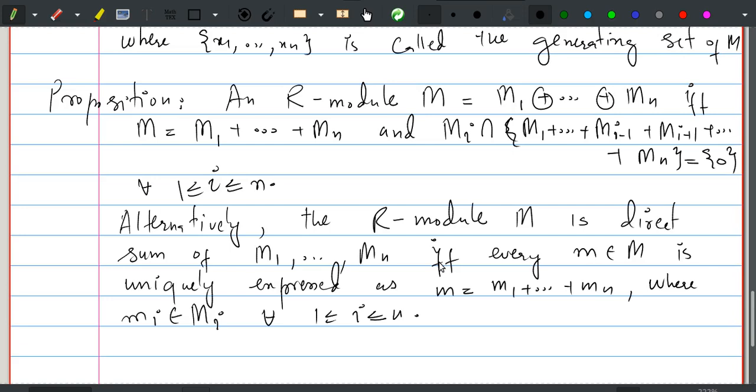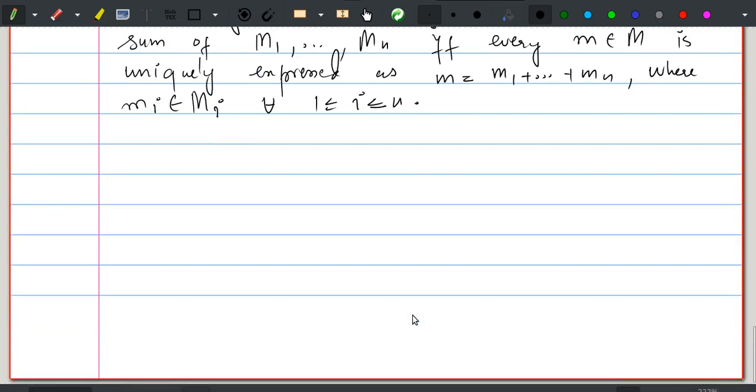Now finally we have one more definition, that is the definition of free modules. So let us write this down here. So when do we call an R module M to be a free module?